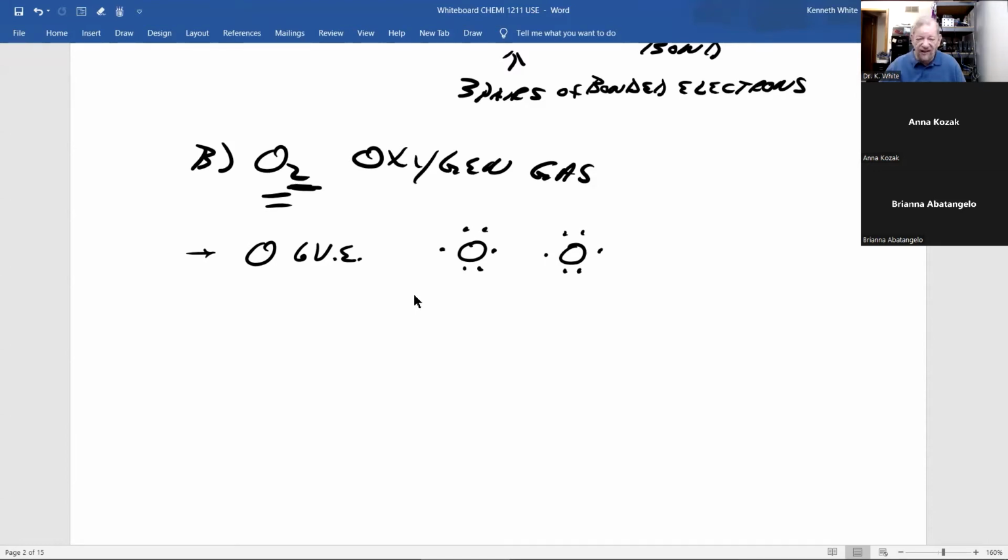And this oxygen has 1, 2 single electrons, unpaired electrons. This oxygen has 1, 2 single valence electrons. And this oxygen says to that one, I've got 2 single electrons, you have 2 single electrons, let's share. And they do.